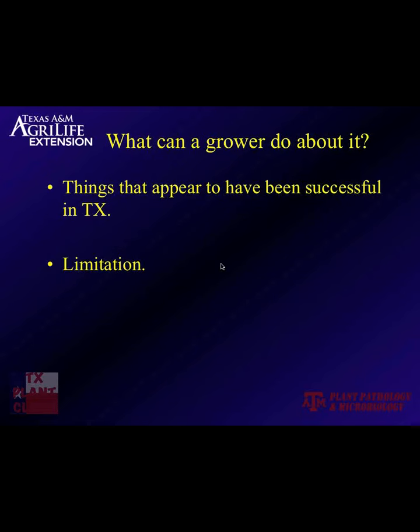We don't have really great chemicals, but we have ways to utilize them smartly to suppress the problem. But when the problem gets on, it makes it a lot tougher to eradicate. So removal of the plant is suggested.